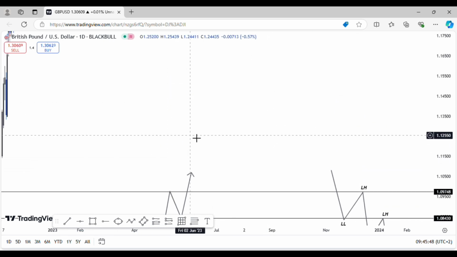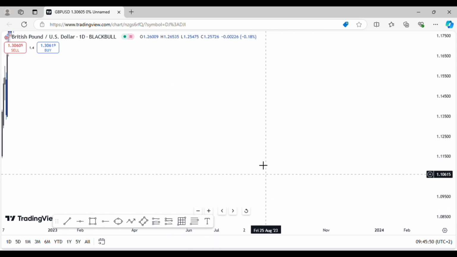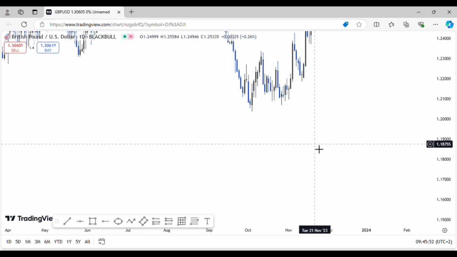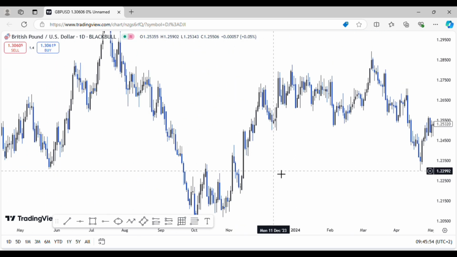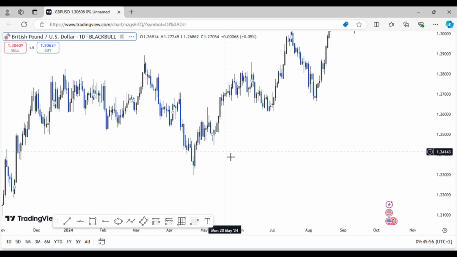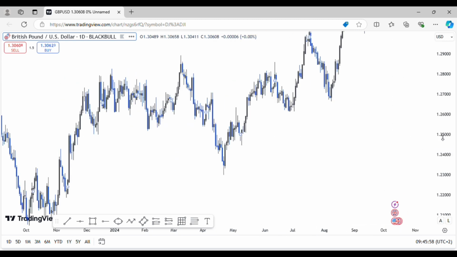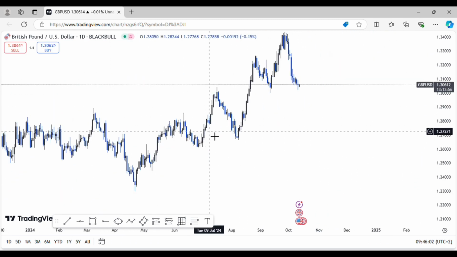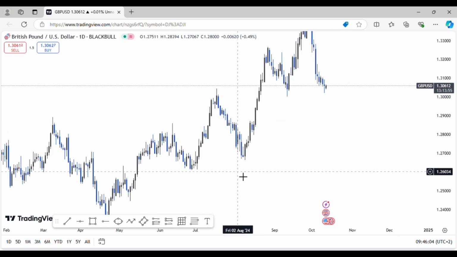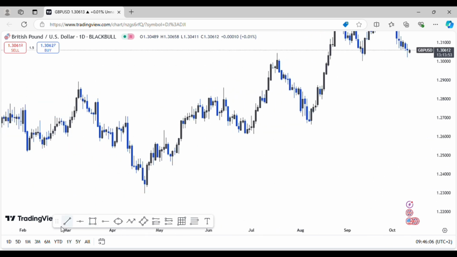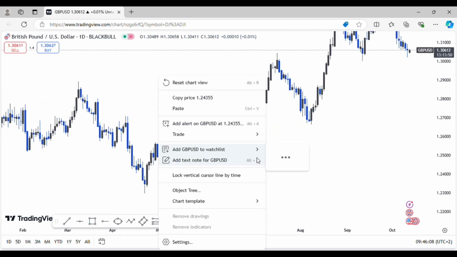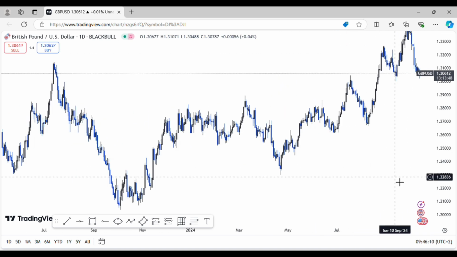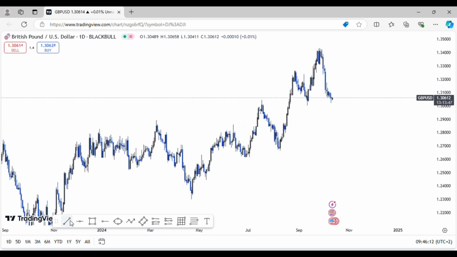So let me delete the drawings. As you can all see, guys, I'm on the daily time frame. I'll identify the market structure that I'm talking about, so let me zoom in. We have what we call an uptrend. An uptrend can also go hand in hand with a trend line.